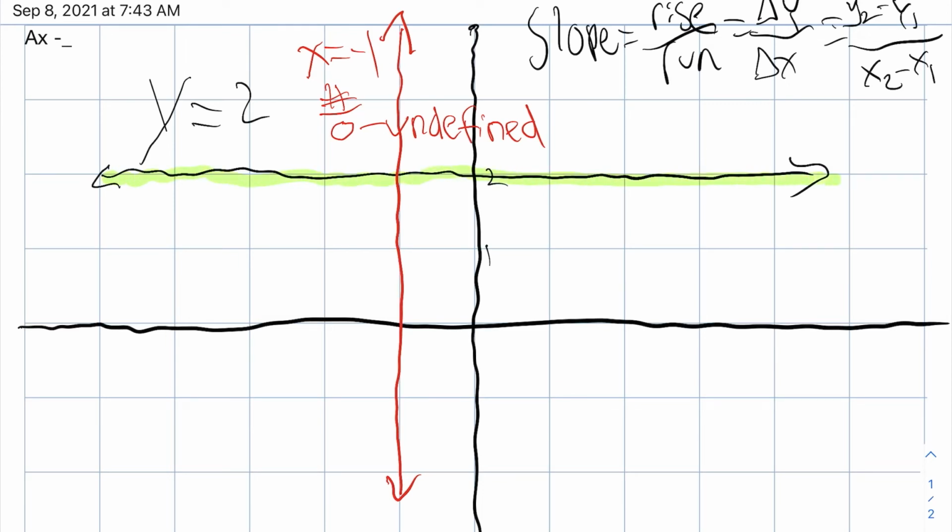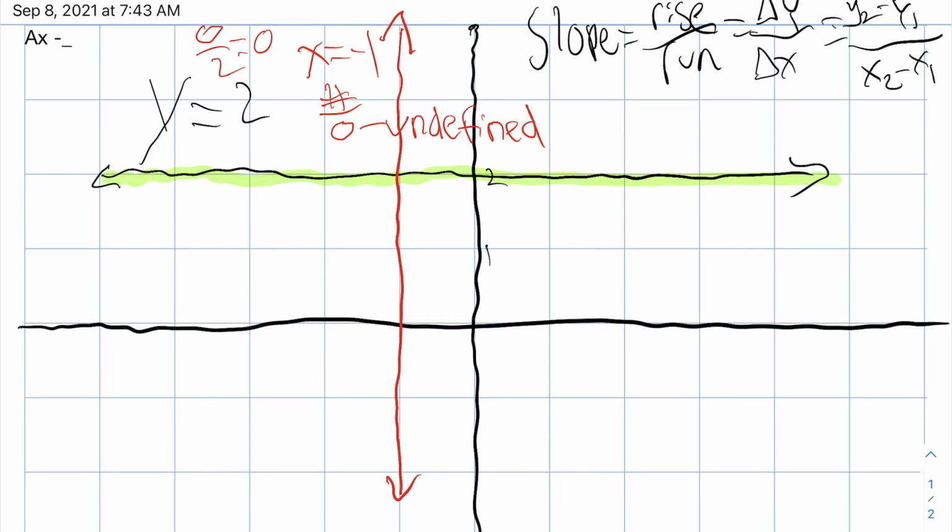Whereas if we get a horizontal line, we can say that has a slope of 0 because you can have a 0 in the numerator and it equals 0. But if you have a 0 in the denominator, it becomes undefined. So those are two unique cases.